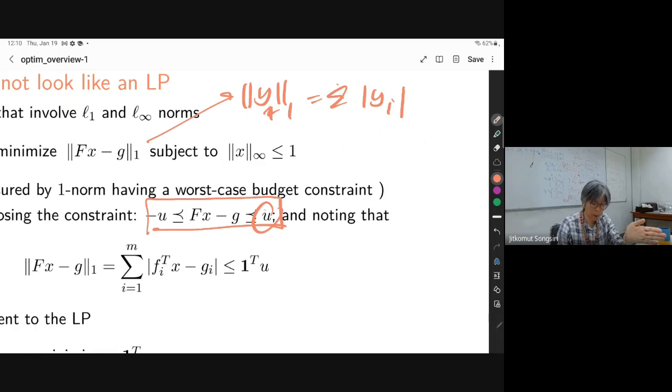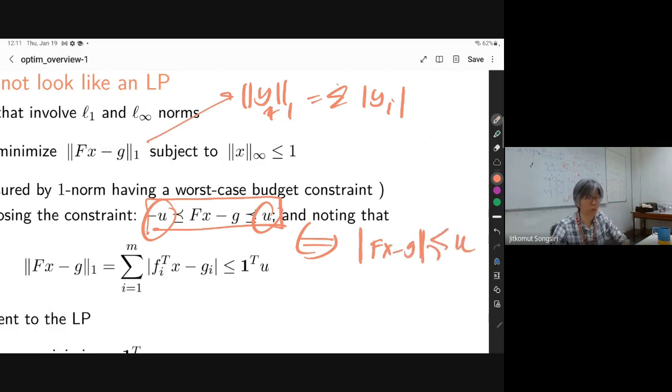If I put an upper bound and lower bound like this, it is equivalent to the absolute value of this vector being less than u. Here I use the absolute value as an element-wise operation. It returns the vector of absolute values of all entries. They are equivalent. Agree?